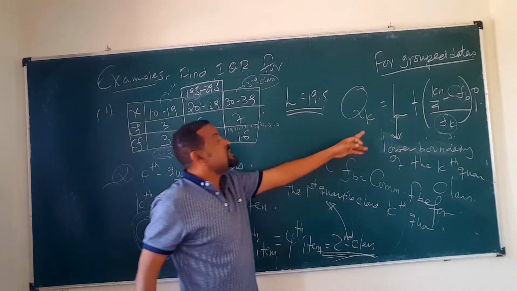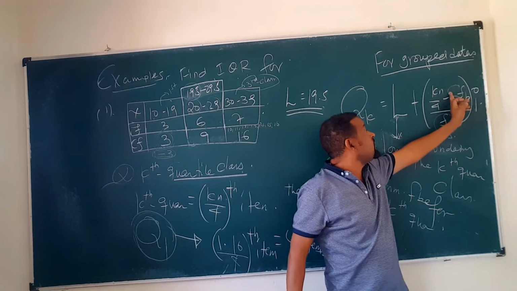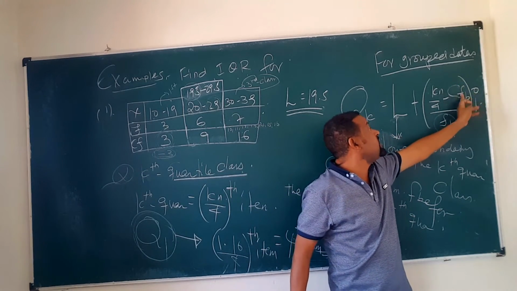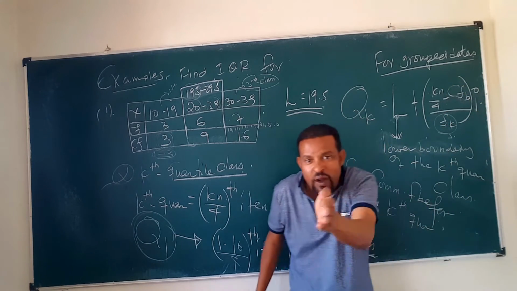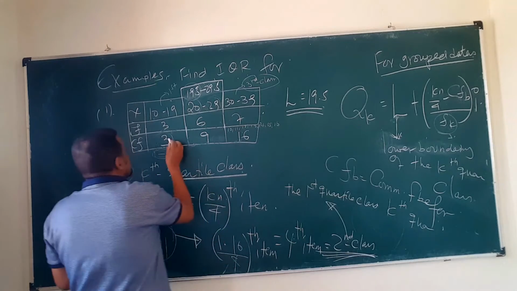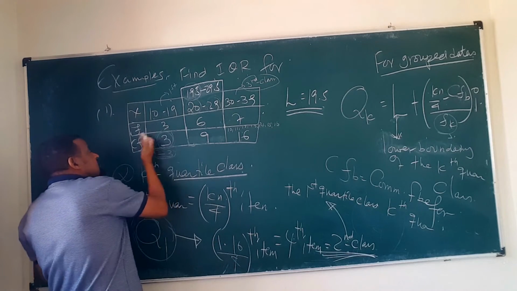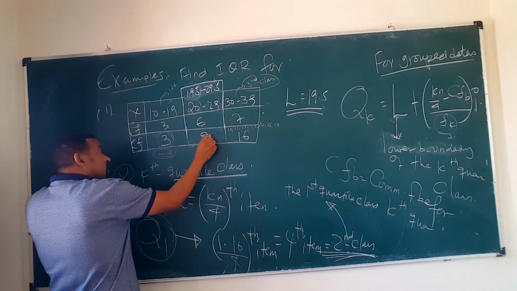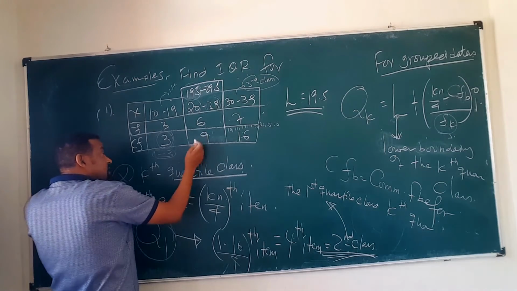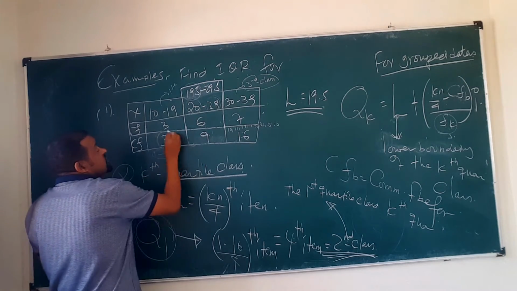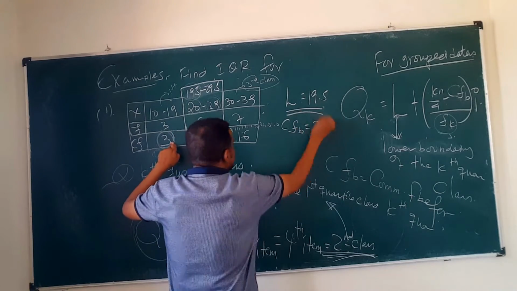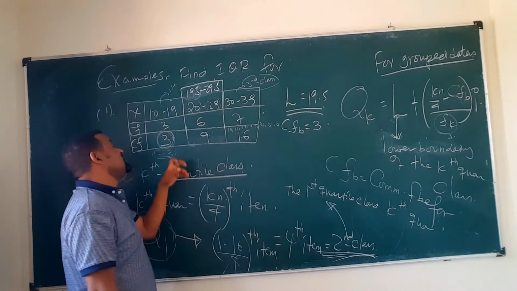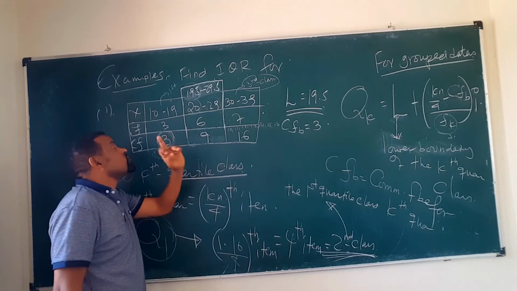CFB means the cumulative frequency of the class that appears before the quartile class, which is የመጀመሪያው ክላስ, which is 3 ማለት ነው. So our CFB is 3. That means the cumulative frequency before the quartile class.